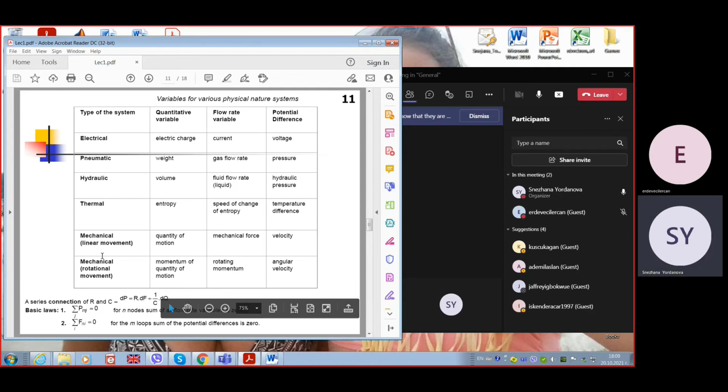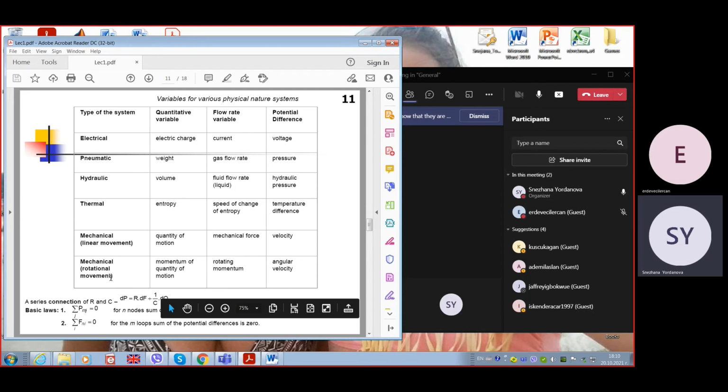So we see that if we have to obtain a model of a mechanical system, we can make this physical analogy model. So we can turn this mechanical system into pneumatic, considering the analogy between variables, which are quantitative or flow or potential, and analogy between elements.